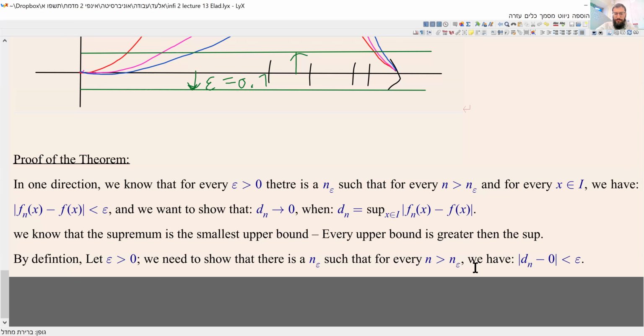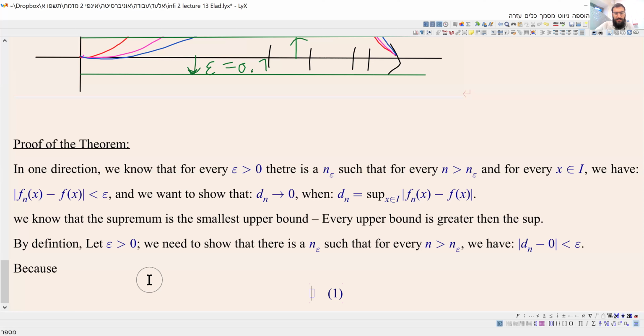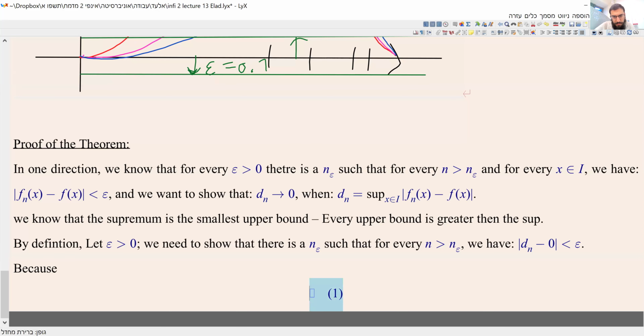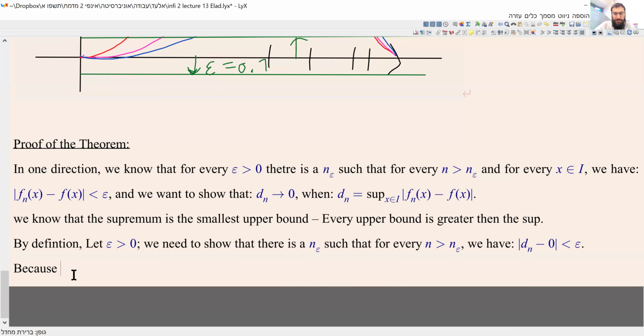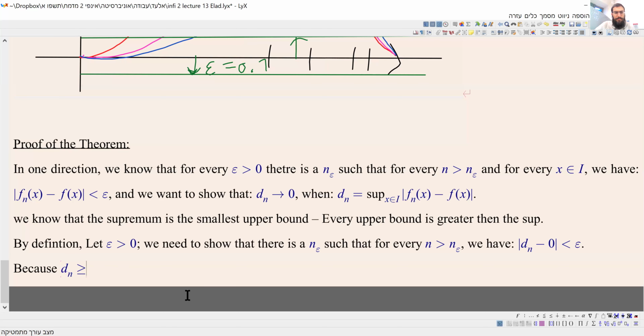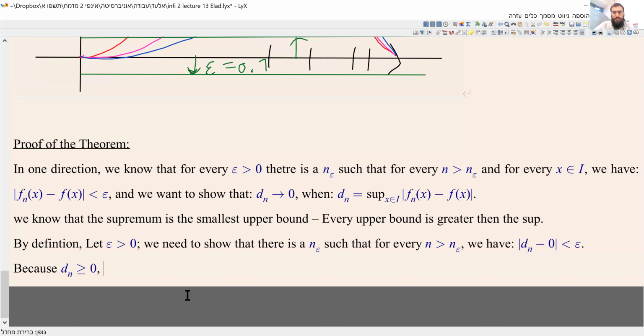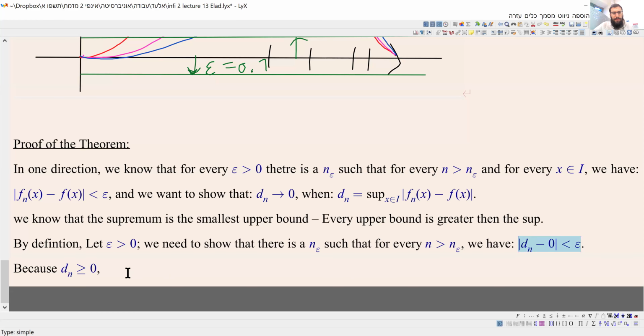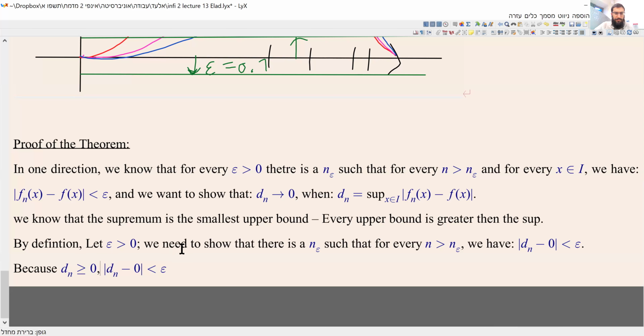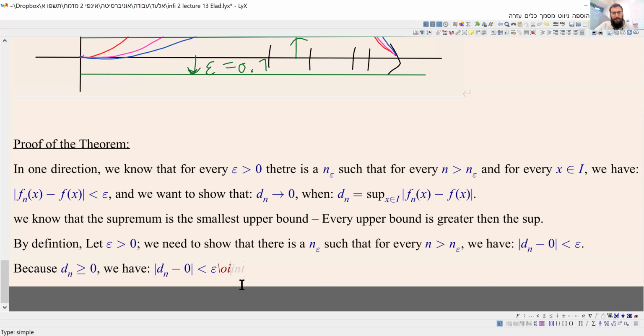So it's enough to show that, because dn is greater than or equal to 0, the absolute value of dn minus 0 is equivalent to dn being smaller than epsilon.